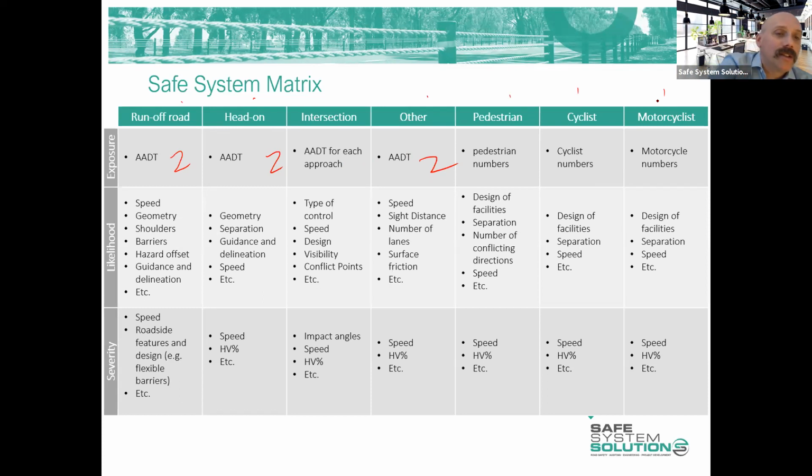So then you're going to likelihood, and you go, right, what is the likelihood of a run-off road crash? And this is where you're going, okay, factoring all of this in. What's the speed? What's the geometry? What are the shoulders like? Are there barriers? What's the offset to the hazard? What are the signs and lines like? And I put etc. there because that's everything.